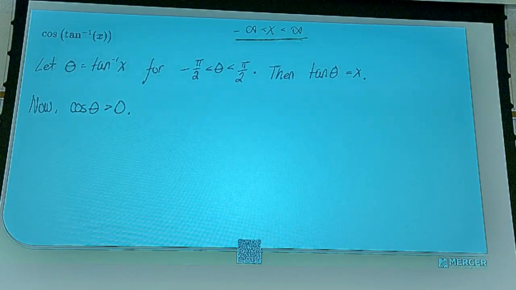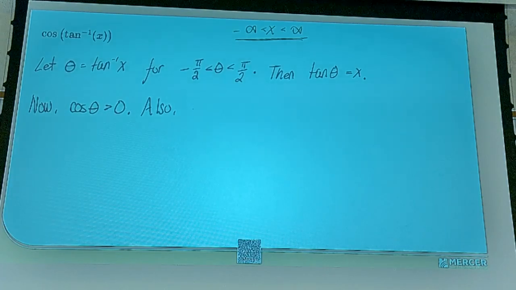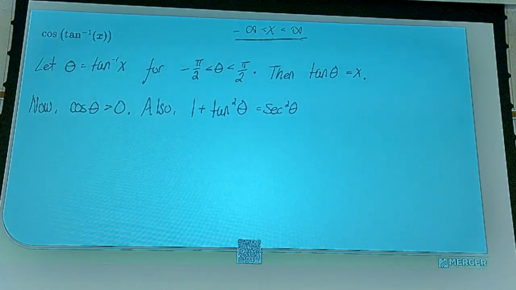Now, how do I want to do this? Could set up the right triangle. Or, here's what I'm going to do. One plus tangent squared is secant squared, right?